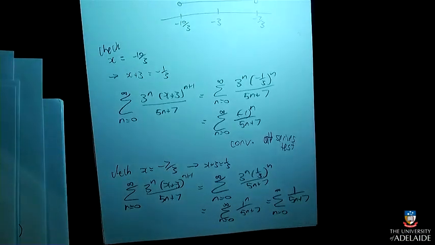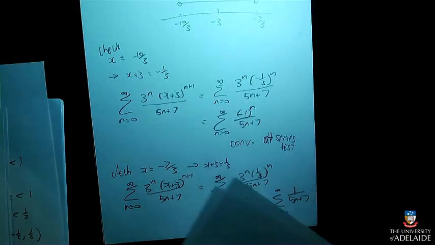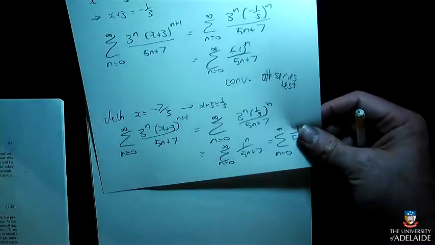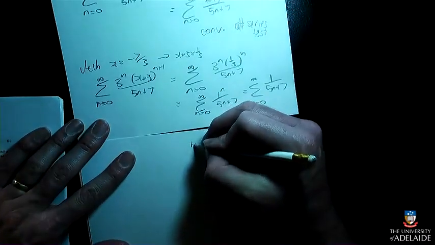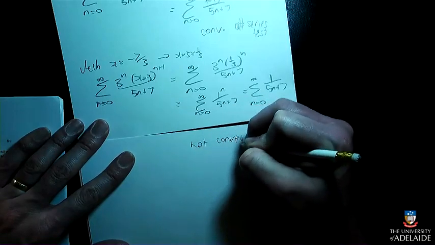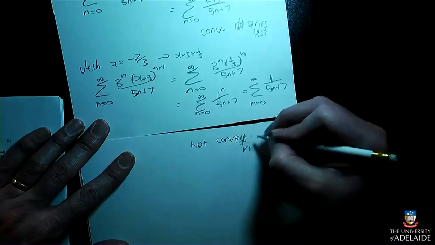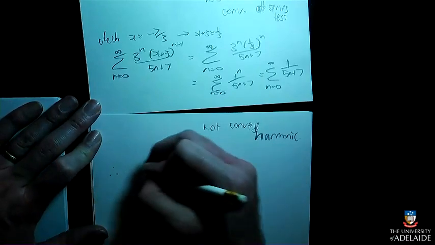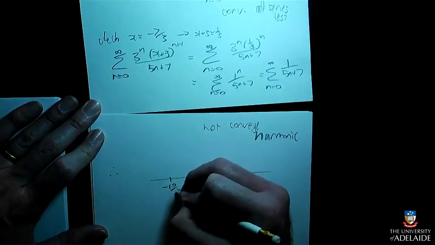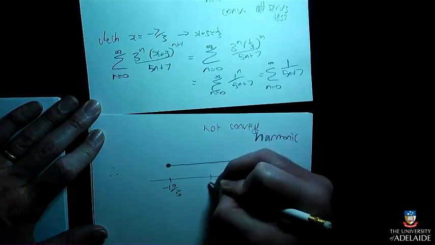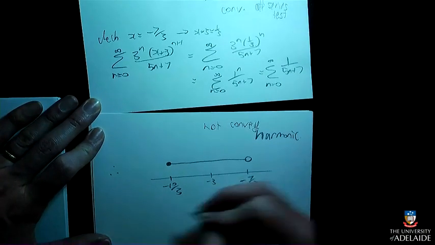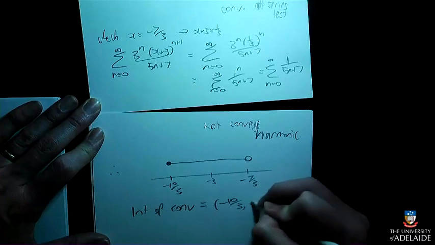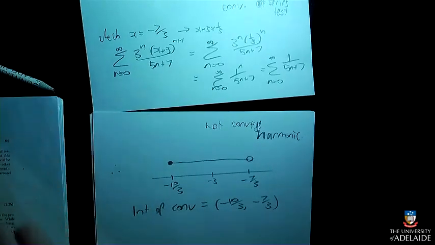The normal harmonic series is just 1 over n, but the general harmonic series just has a linear thing on the bottom, and if there's a linear thing on the bottom, it won't converge. So, does not converge since harmonic. And so therefore, it's actually this picture. It converged over here, but it didn't converge over here. And so the interval of convergence is from minus 10 on 3 to minus 7 on 3. There you go.